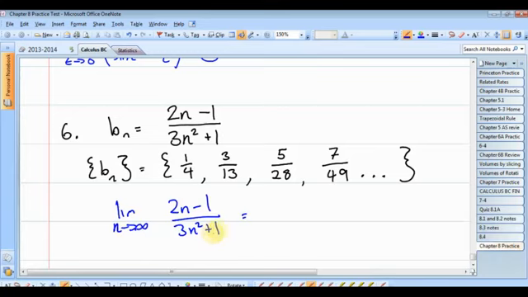Remember, there were 3 ways of doing this limit. Use the first term. Is it equal to 0? Because of the exponents. Yes, you could just use exponents. 0. There we go.